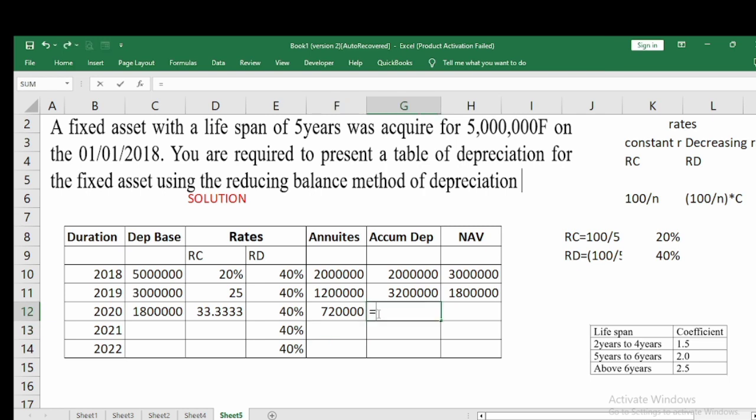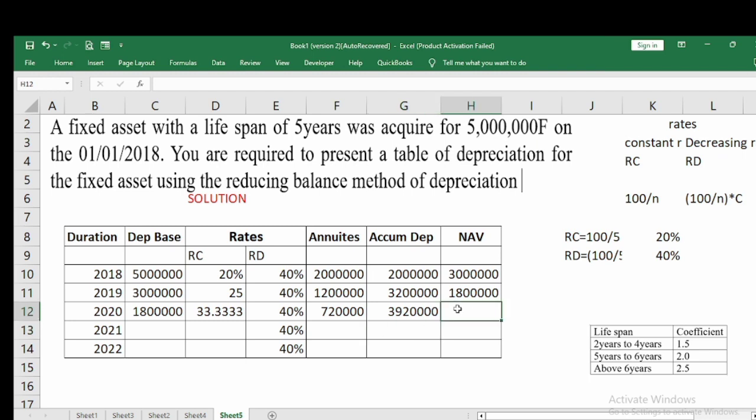We are going to have 720,000. Our accumulated depreciation in this case will be equal to this plus this, which is 3,920,000.